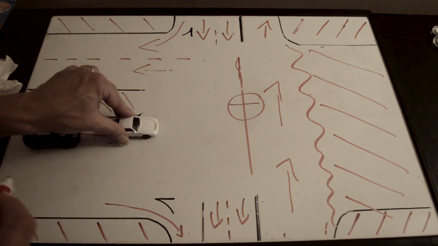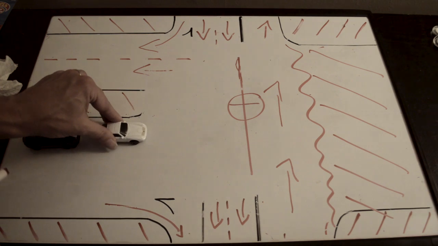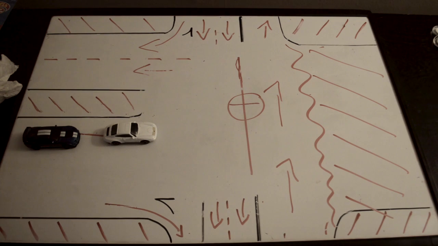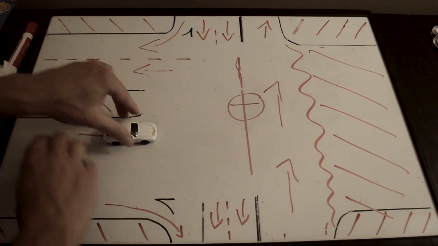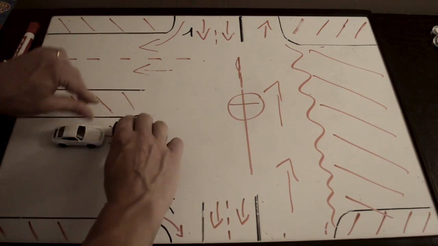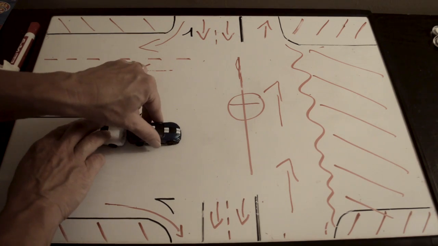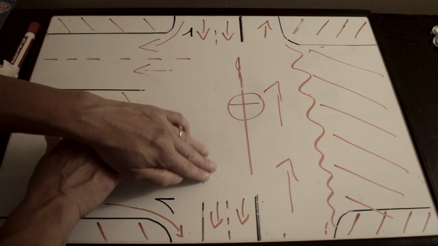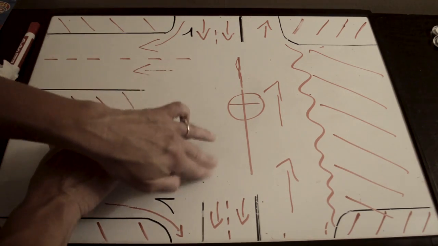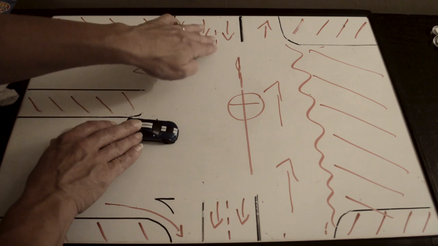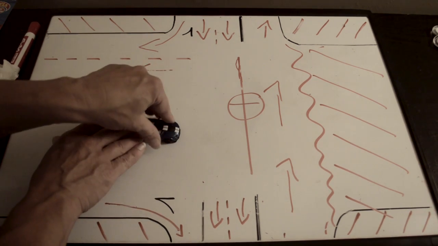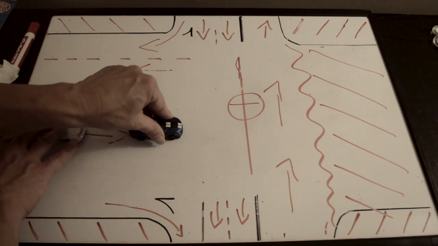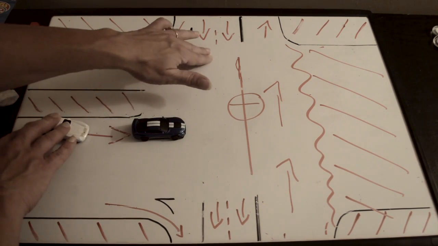So on this day, I was driving behind another car, and so this road right here is very busy. So there's a lot more traffic on this road, and normally if you are coming from this direction, you are the one waiting for traffic to clear.